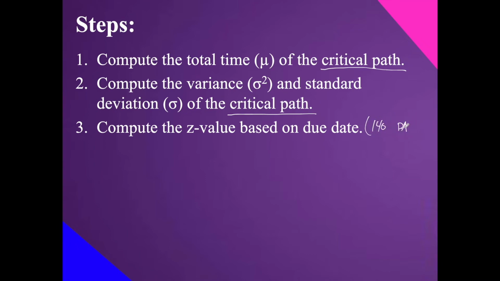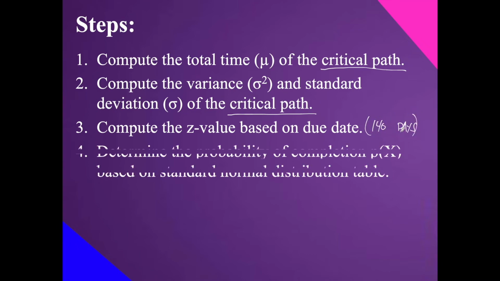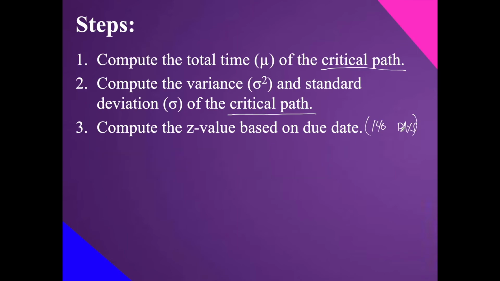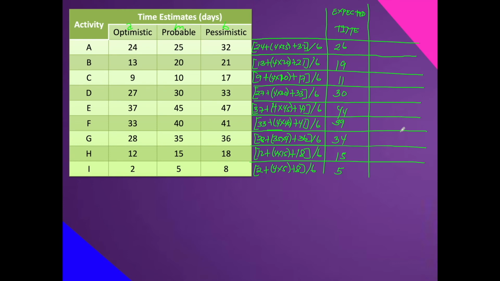Lagay natin dito. And fourth step is to determine the probability of completion, or P of X, based on standard normal distribution table. So those are the 4 steps, and let's start the solution.